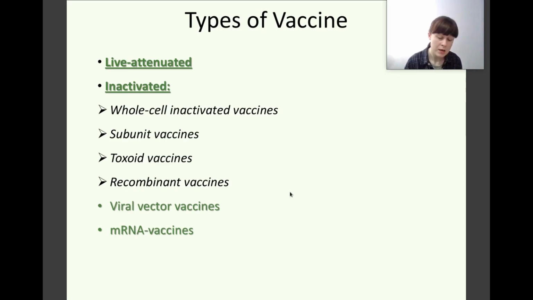Also, they may contain inactivated or killed microorganisms or viruses. They can contain inactivated toxins for bacterial diseases where toxins generated by the bacteria, and not the bacteria themselves, cause illness. Exotoxins, in the case of diphtheria, for example, or tetanus, for example, or merely segments of the pathogen.